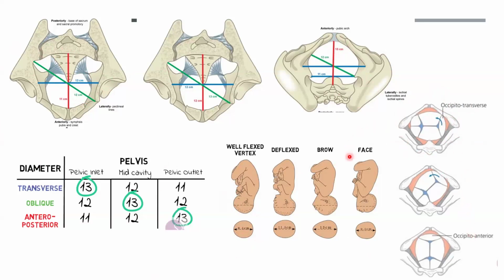Then there is rotation because the largest diameter is in the oblique manner. So we have internal rotation. This then goes to the pelvic outlet, giving us a transverse vertical diameter of 13 centimeters. So this is basically why we're rotating and there is flexion of the head.